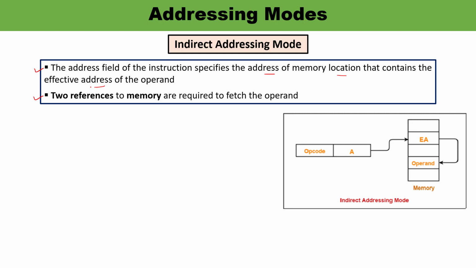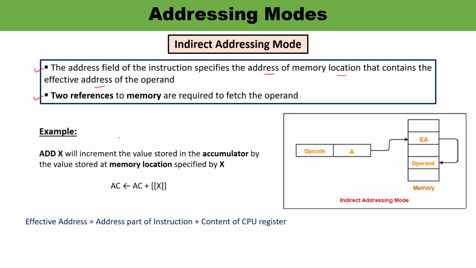Again, taking the same example, add x means incrementing the value stored in the accumulator by the value stored in the memory location x. Here the effective address is equal to the address part of the instruction plus the content of the CPU register. That is how the effective address is computed in this particular case.